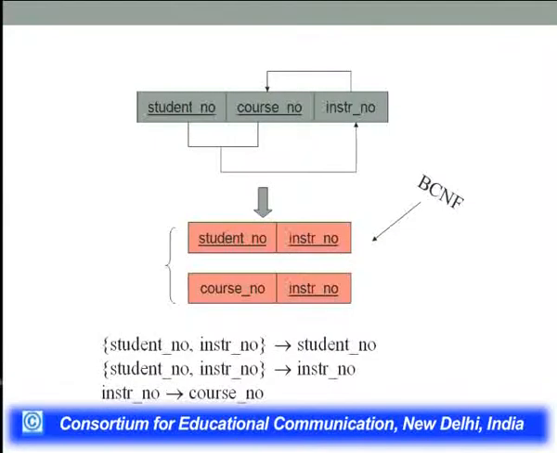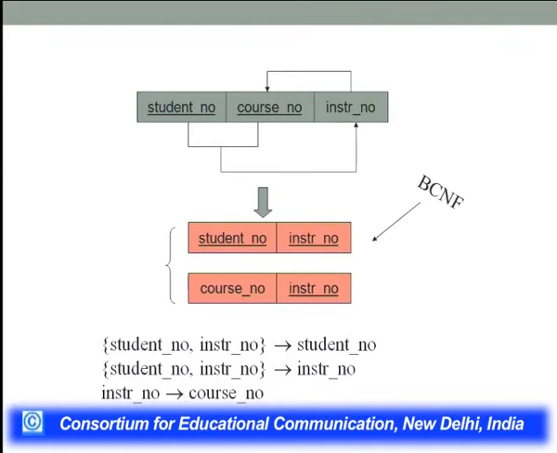Now, what are the steps that are needed? For example, in this case we have a table where we have student number and course number as the primary key, and we have instructor number as the non-key attribute, which is determined by the student number and course number together. But in this case instructor number, which is a non-key attribute, determines course number, which is part of the key attribute.